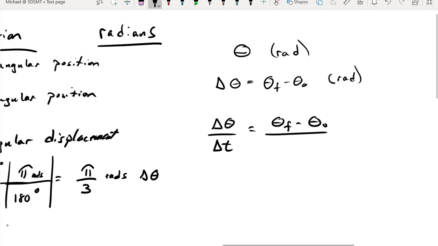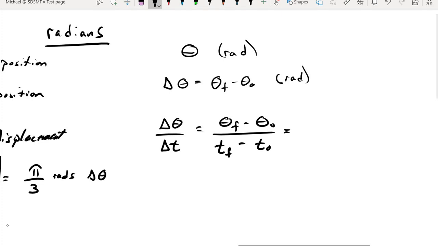And so what this means is that when we are at the initial angular position, there should be a corresponding time of t0. And when we get to the final angular position, there's a corresponding time of t final. And the difference between them is delta t. So this is our definition of angular velocity.